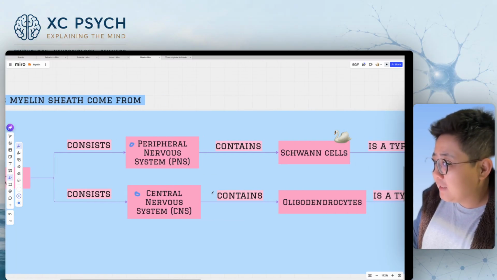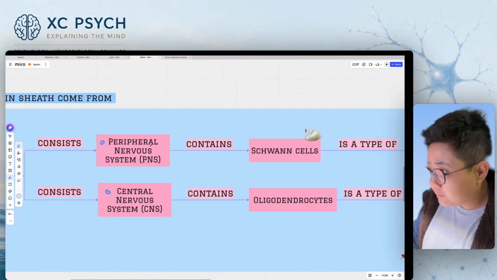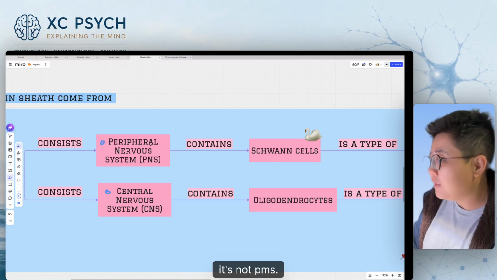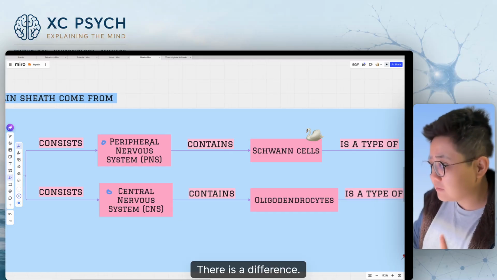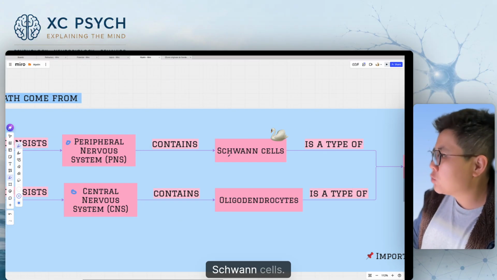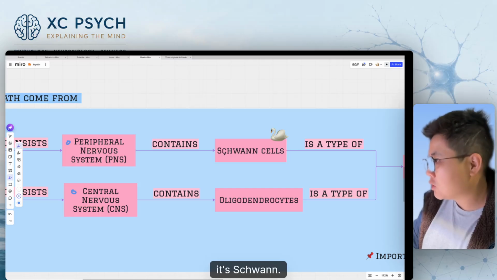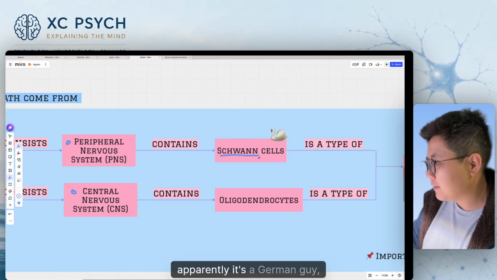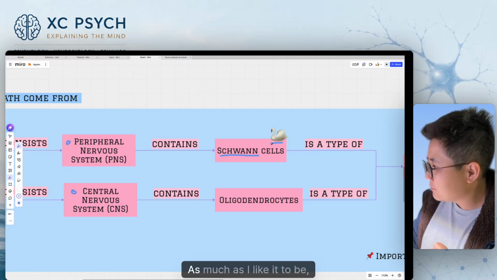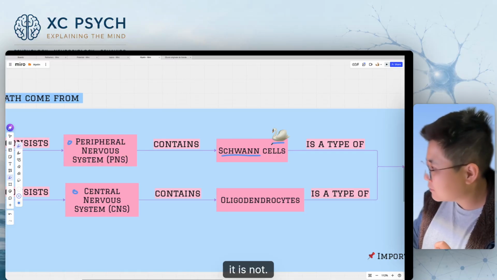And in the peripheral, shortened as PNS, please, it's not PMS. There is a difference. PNS contains Schwann cells. By the way, it's Schwann. Apparently, it's a German guy, not the swan. As much as I would like it to be, it is not.